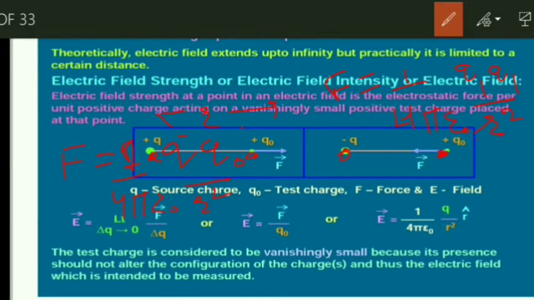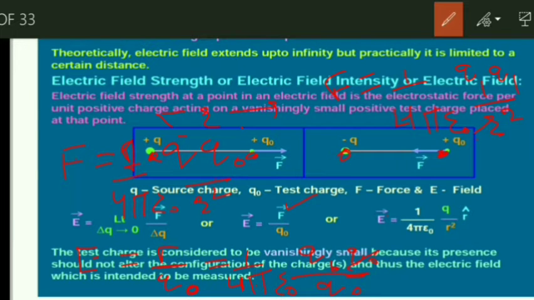Now friends, using this definition of electric field, force per unit test charge, that is q naught, electric field can be given as E is equal to F over q naught, is equal to 1 over 4 pi epsilon naught q into q naught over test charge, which is q naught.